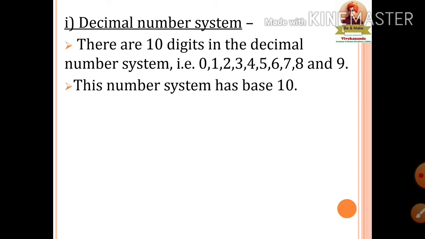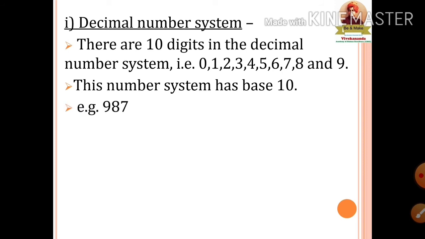So the base of this number system is represented by the number 10. Now by using the combination of these 0 to 9 numbers, we are going to represent any numeric value.